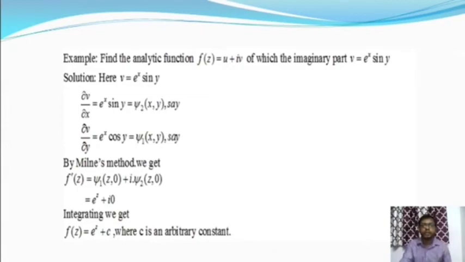Find the analytic function f of z is equal to u plus iv, of which the imaginary part v is equal to e to the power x into sin y. So here the imaginary part v is given. From this we are looking to find the analytic function f of z without finding u.